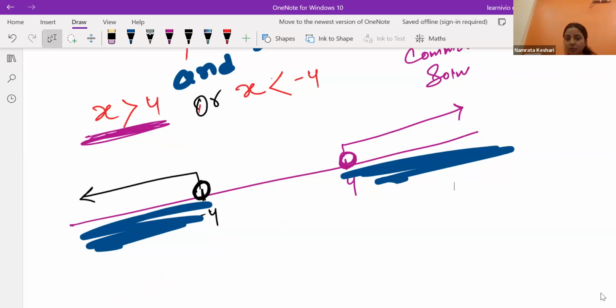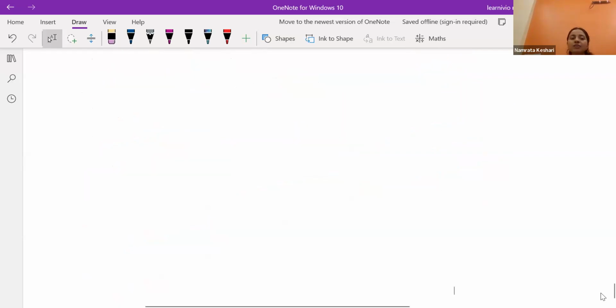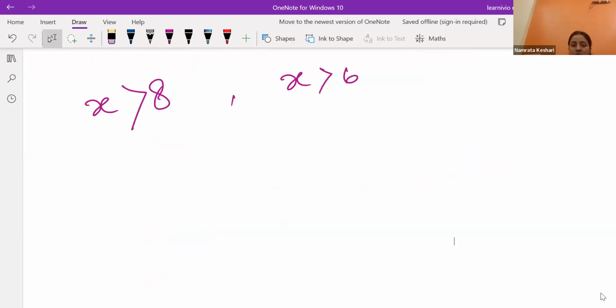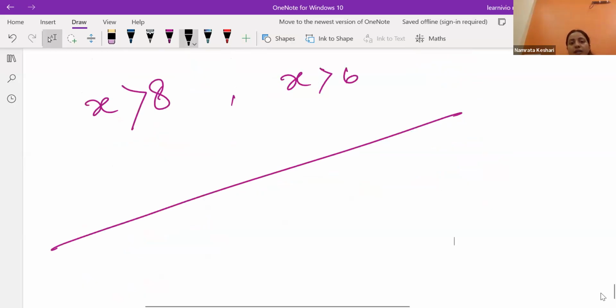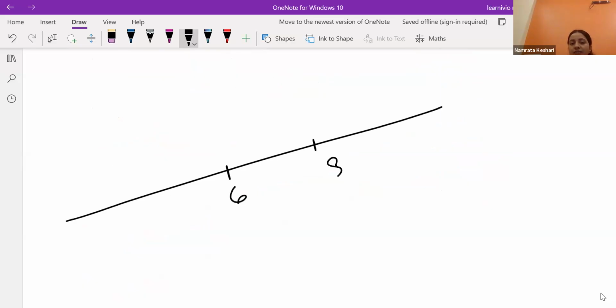Okay, so let me show you how exactly your common solution will look. Suppose you have an inequality, x is bigger than 8, and another, x is bigger than 6. Let me represent it. Somewhere we have 6, somewhere we have 8.